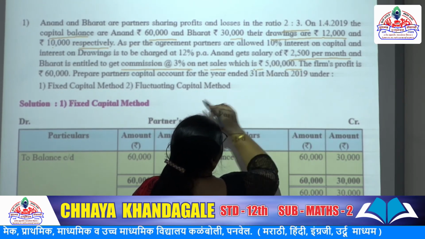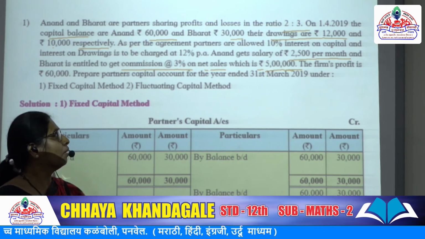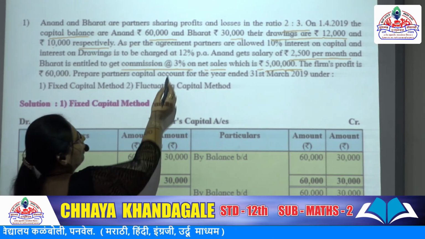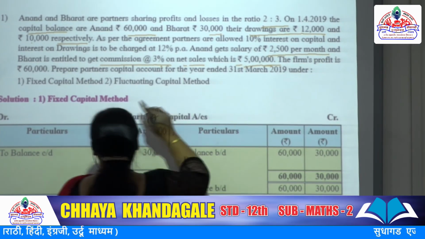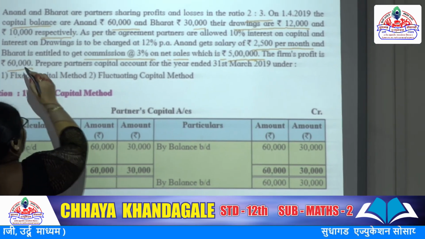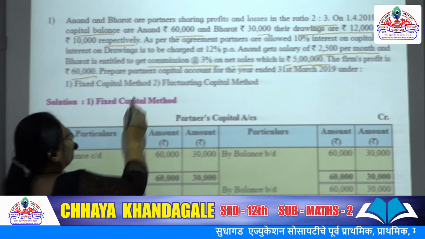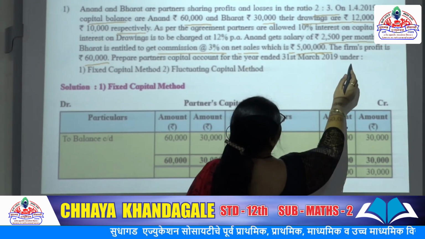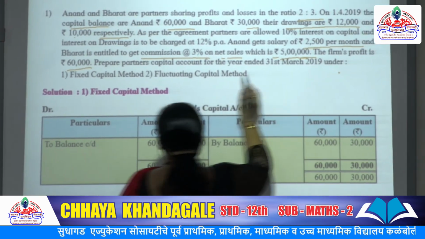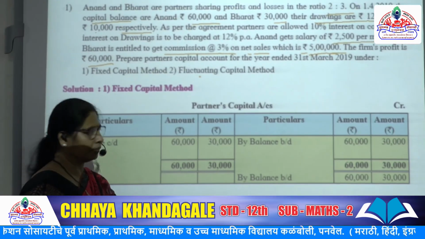The amount is rupees 5 lakhs, so on 5 lakhs they are going to pay him commission at 3%. The firm's profit is rupees 60,000. What is the net profit of the firm? 60,000. Prepare partners' capital account for the year ending 31st March 2019 under fixed capital method and fluctuating capital method.